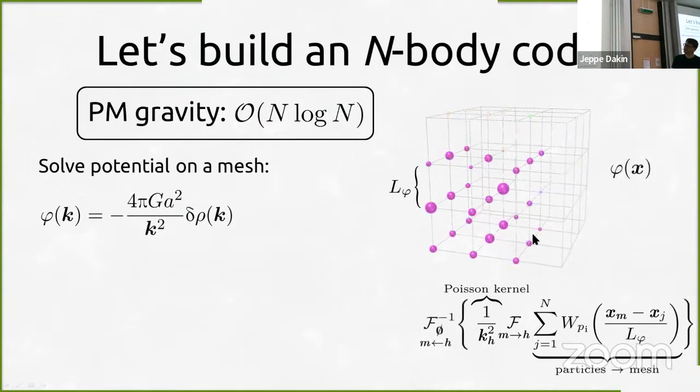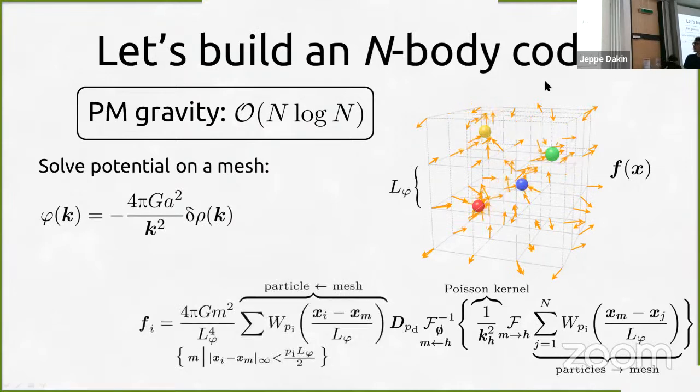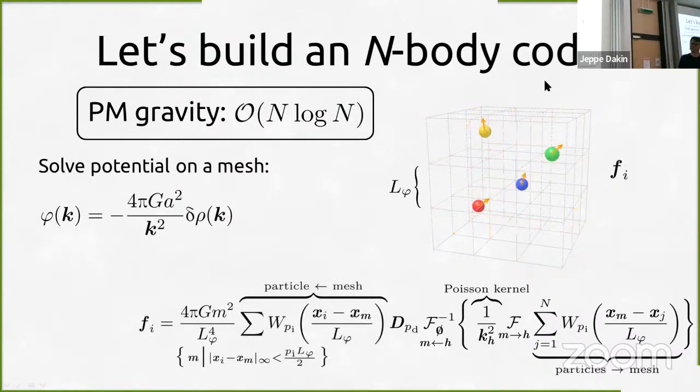Then we can go back to real space to get the potential. Then we can differentiate it using some differential operator to get the force, again, still on a mesh. And lastly, we can interpolate the forces back to the particle positions to get any given force on a particle. And then we are done.